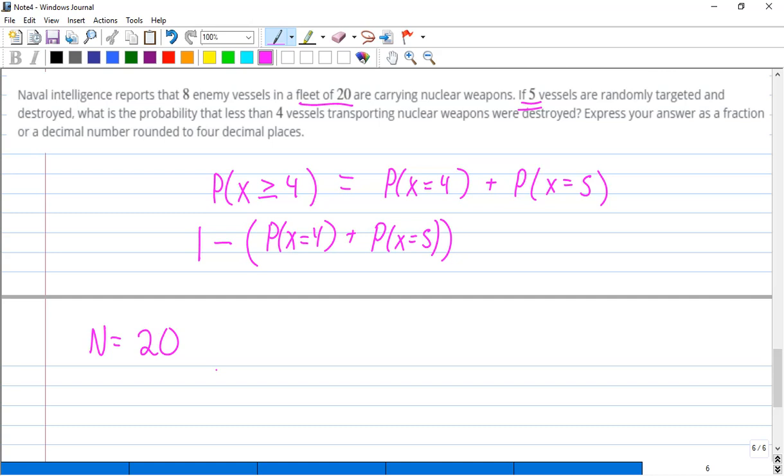Okay? How many of those are we targeting? That's our sample. Some Navy is targeting 5. Out of those 20 vessels, how many are carrying nuclear weapons? 8. So for both of our problems, remember, K is the total number of successes possible in the population.